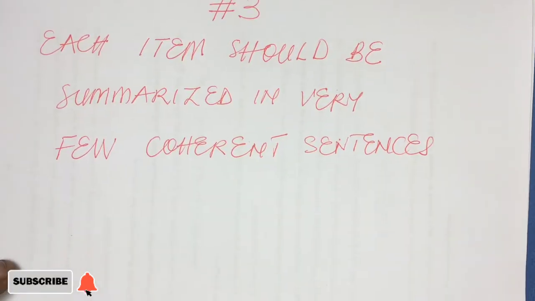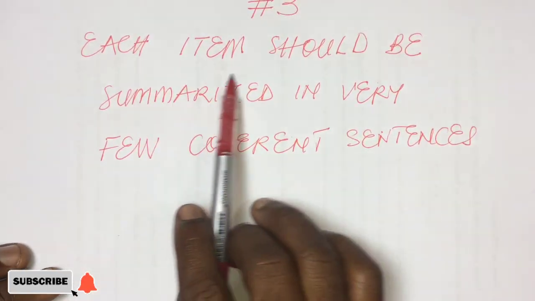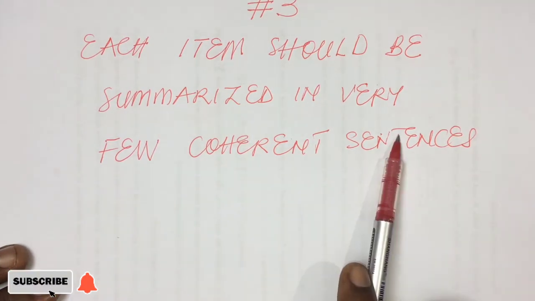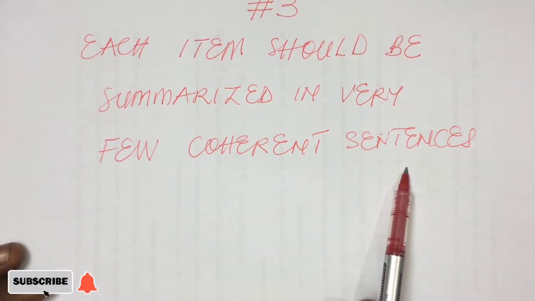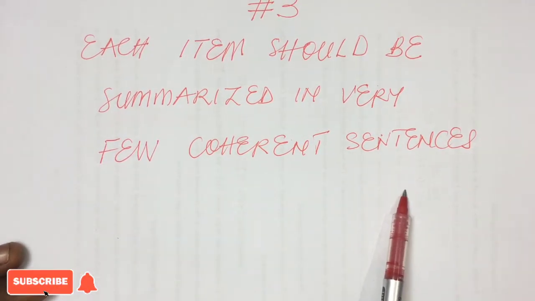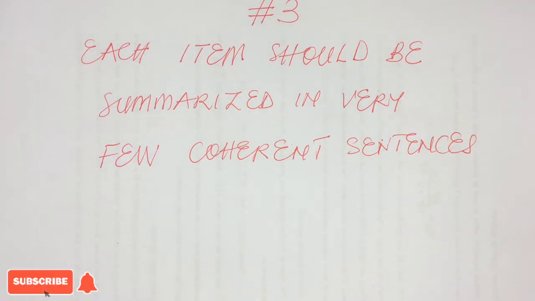Now, number 3, each item should be summarized in very few coherent sentences. Because an abstract is a summary, take note, this summary called the abstract must take into consideration coherence.